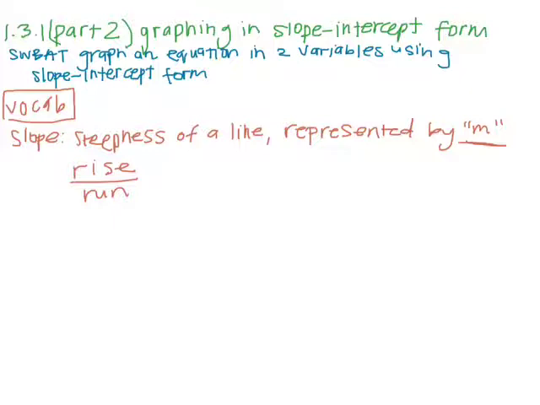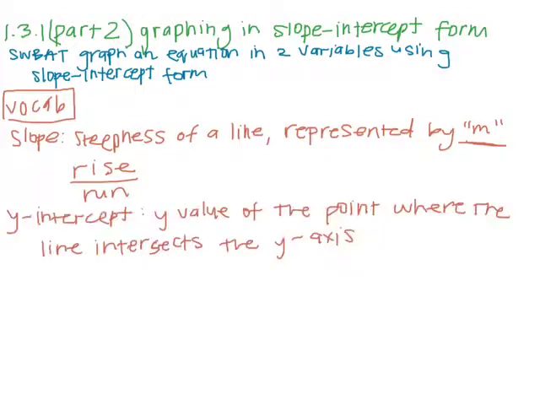Our next vocab word is y-intercept. The y-intercept is the y value of the point where the line intersects the y-axis. So an ordered pair is always listed as x, y.